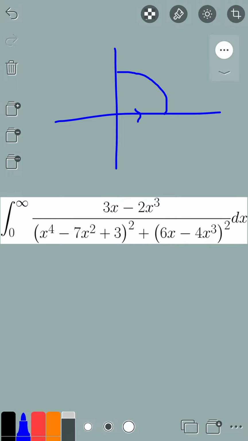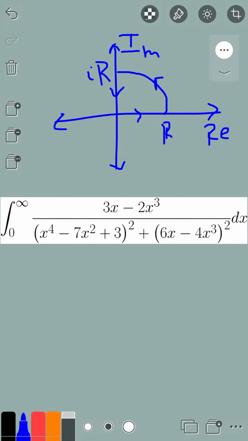It's going from 0 to r, then going up along this quarter circle arc, and then going down like this. So here is ir. Alright, so this is the contour that we're using.